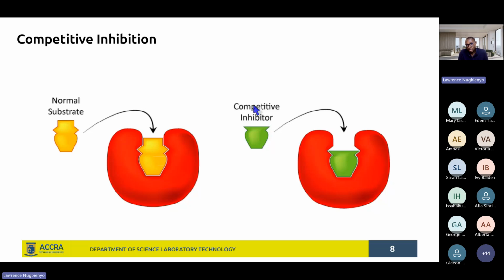So you see, you have that inhibitor acting as a competitor to the substrate. And once it binds in there, it prevents the normal substrate from binding to the enzyme. That way, the inhibitor prevents the enzymatic reaction from occurring. So that's competitive inhibition.